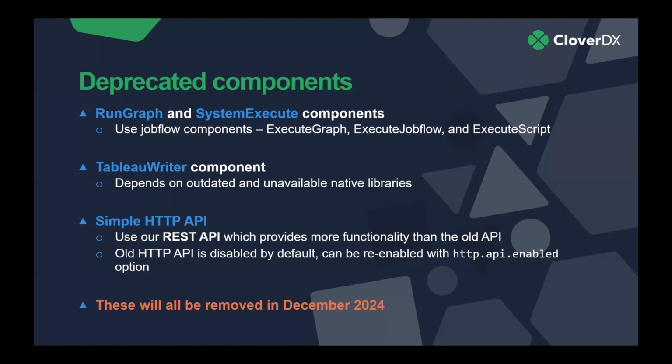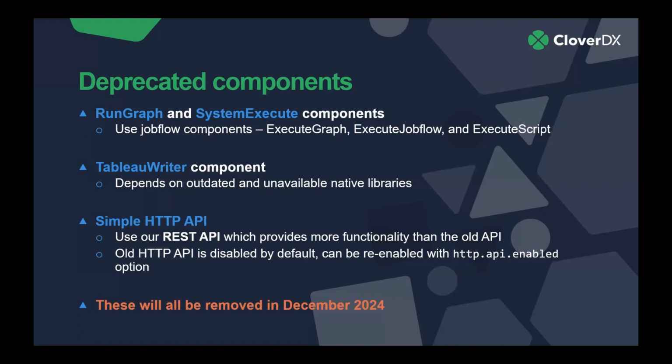So if you install a new instance of CloverDX server, the API will not show up. You will not be able to call it. But if you are using it for something, you can still enable it while you are updating your scripts or third-party tools to call Clover through the new API. Again, if you have any questions about this, please let us know through our support channel or through your account executives.